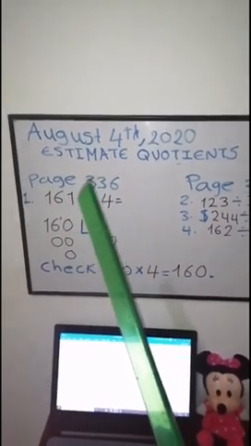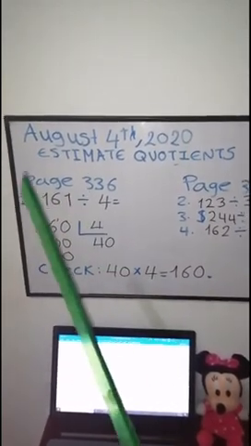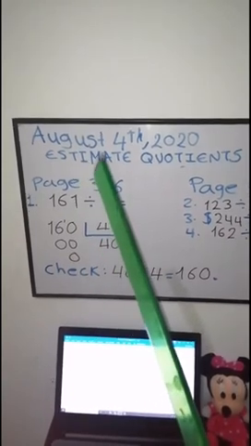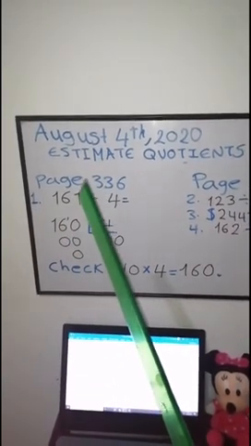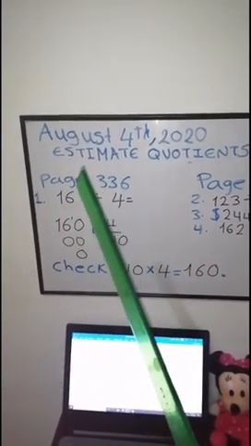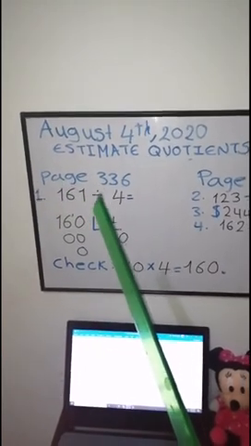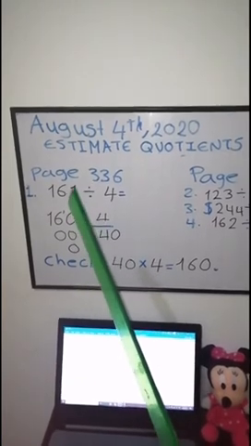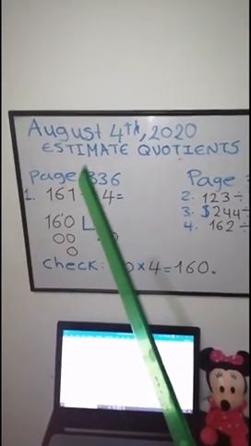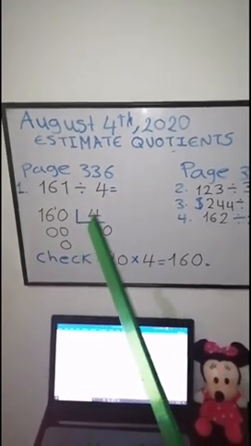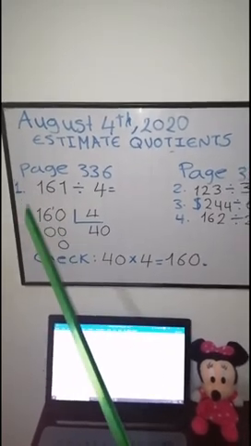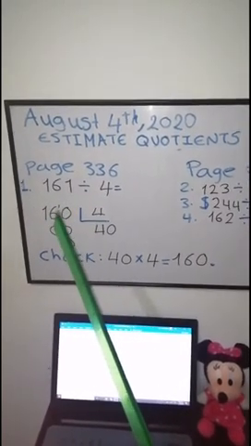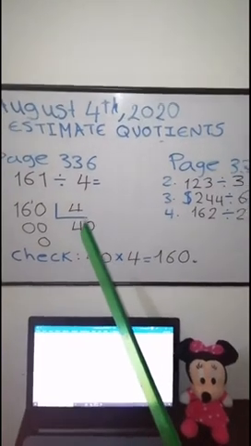So, 161 divided by 4 equal. We are going to look for a number that is near or close to 161. 160 is close to 161. Okay? So we're going to divide 160 by 4 in this way.